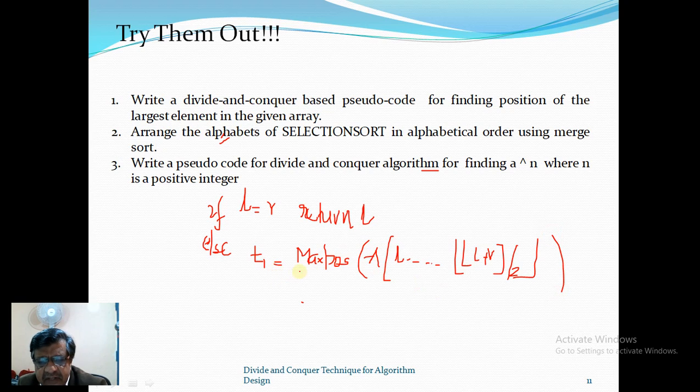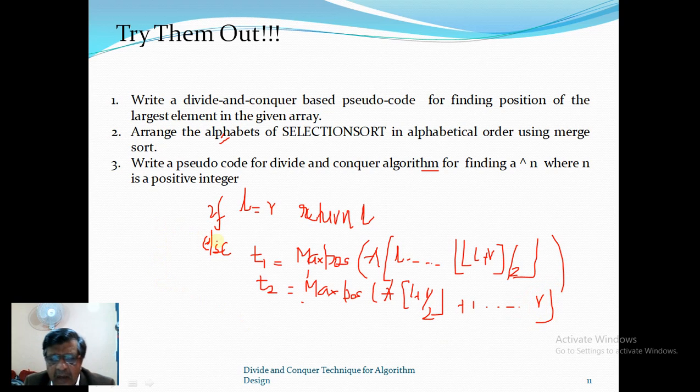Then what goes to T2 is the maximum among the other half of the array. So max position that is obtained for this array A will start once again from floor of (L plus R) by 2, plus 1, to R, the right extremity.